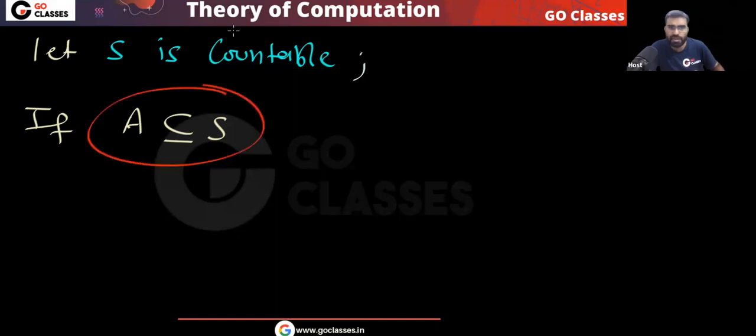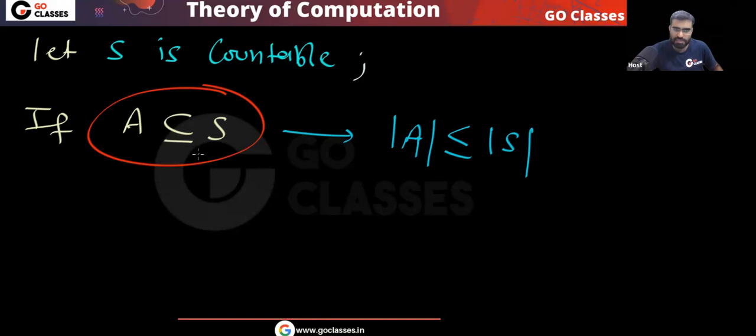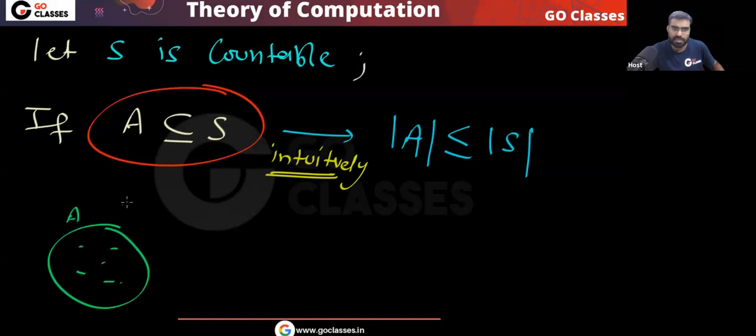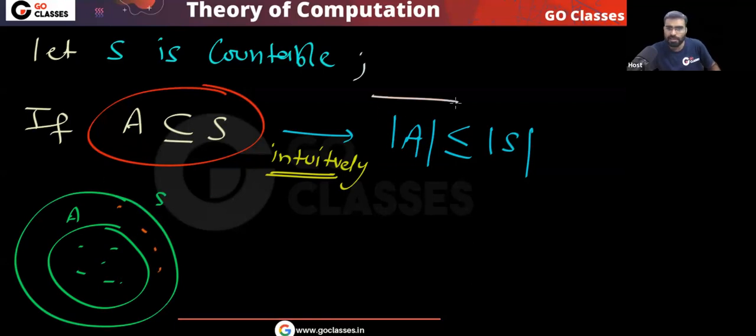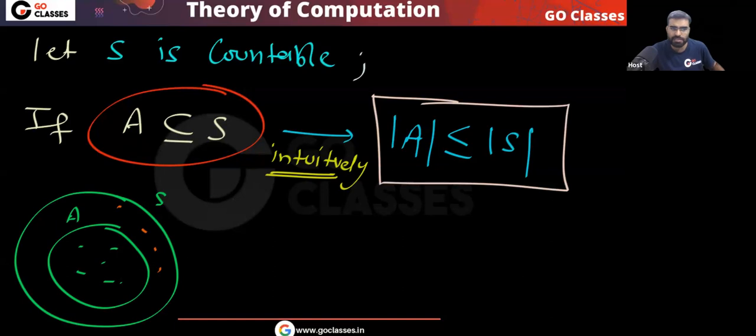If A is a subset of S, then it simply means the size of A is less than or equal to the size of S. So in this situation, I can say the cardinality of A is less than or equal to the cardinality of S.